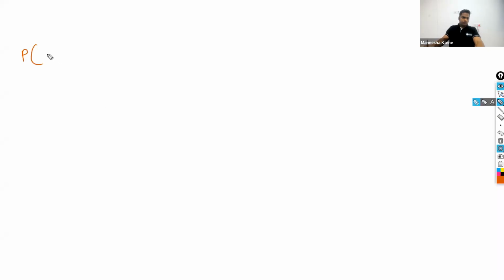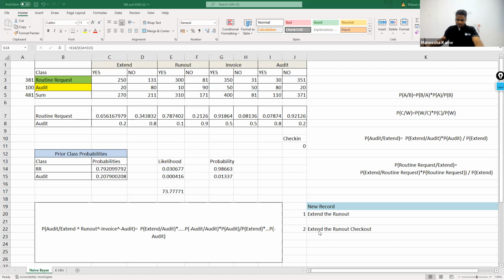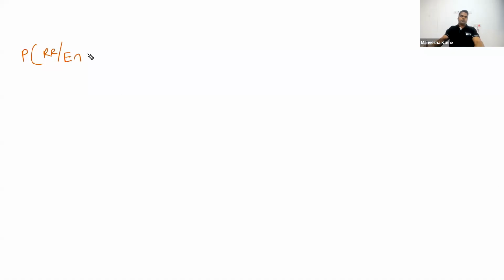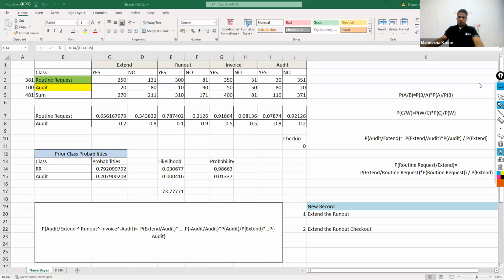Let's write it. Probability of this belonging to routine request, given that it has the word extend and it has the word runout, and it does not have the word invoice, and it does not have the word audit.